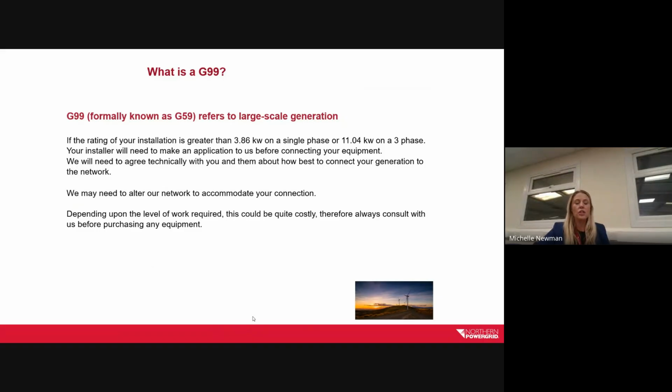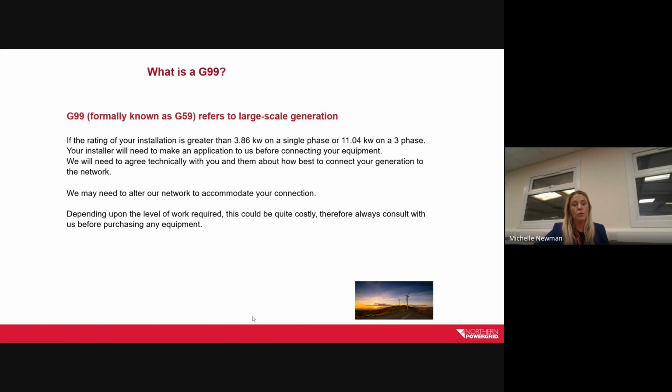So as I've said, the G99 form is the most likely application that will be needed for community energy groups. It covers large scale generation. So if the rating of your installation is greater than 3.86 kilowatts on a single phase or 11.4 kilowatts on a 3-phase, your installer will need to make an application to us before connecting your equipment.